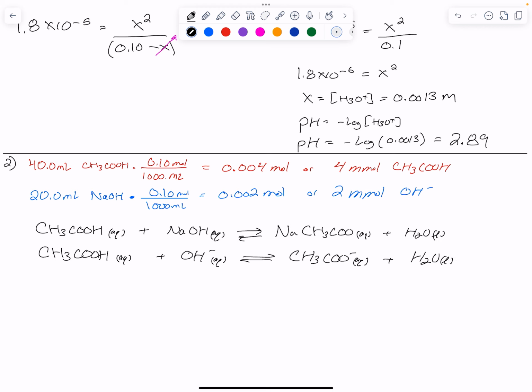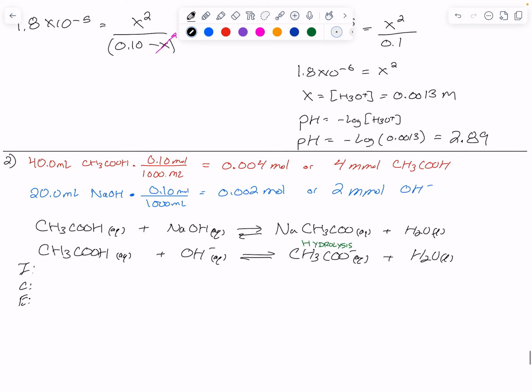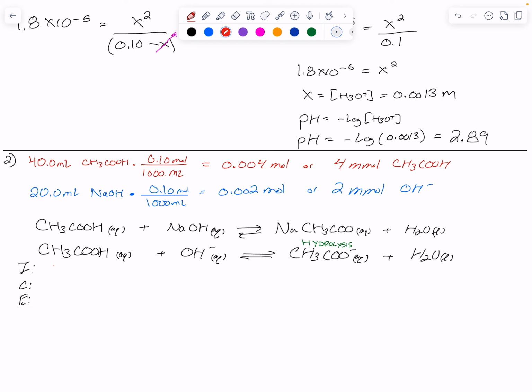Now this is a lot of times where I draw a sad face because we have hydrolysis here, okay? A lot of times in class we'll do the ice table. And we have what? We have 4 millimoles here. And we have 2 millimoles here. And 0, right?